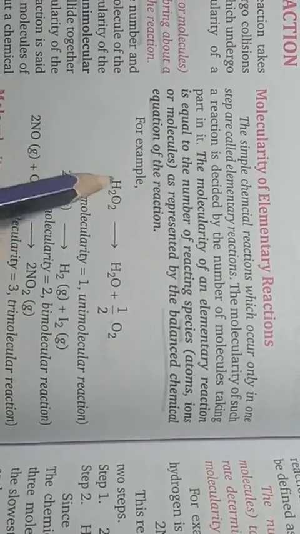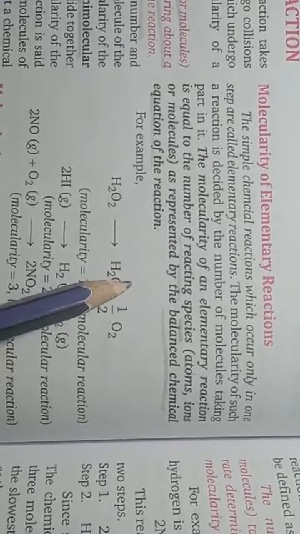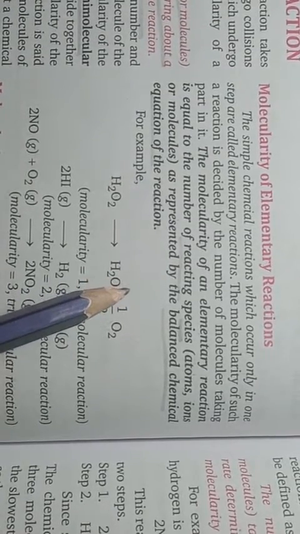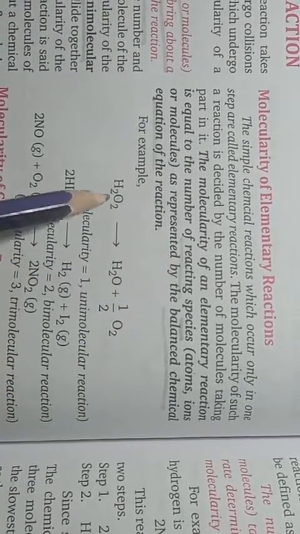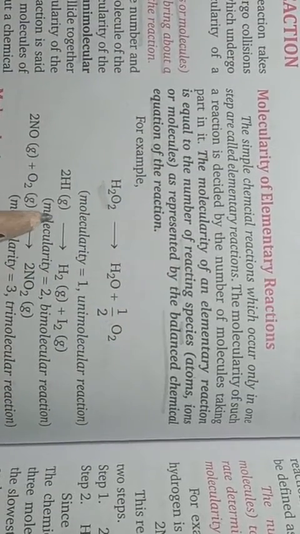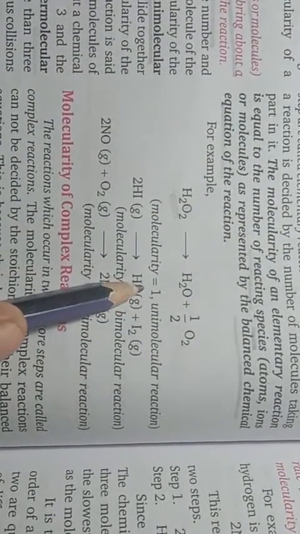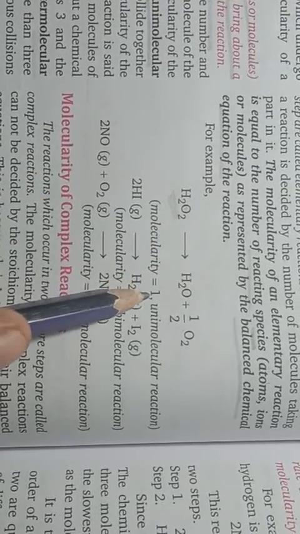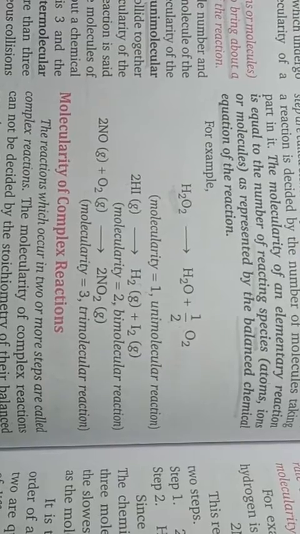Just a single reaction is showing overall chemical change. Such reactions are known as elementary reactions. In such reactions, the number of reactant molecules present is known as molecularity of the reaction. For example, in this reaction, one molecule of reactant is there, molecularity is 1. In this reaction, molecularity is 2.